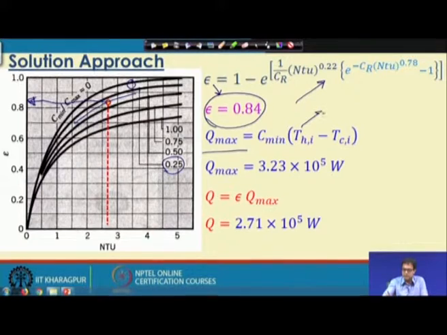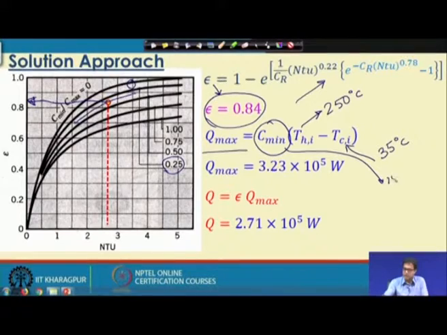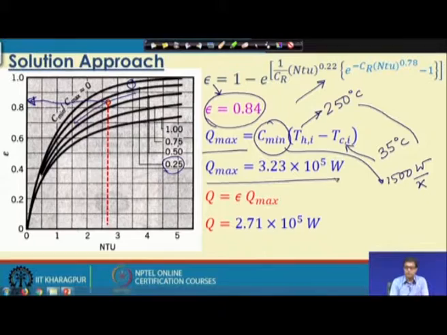The hot entry is 250 degrees centigrade, and the cold fluid remains the same, 35 degrees centigrade. We have also seen C min to be 1500 watt per Kelvin. Accordingly we can find this Q max, and that will come out to be 3.23 into 10 to the power 5 watt.